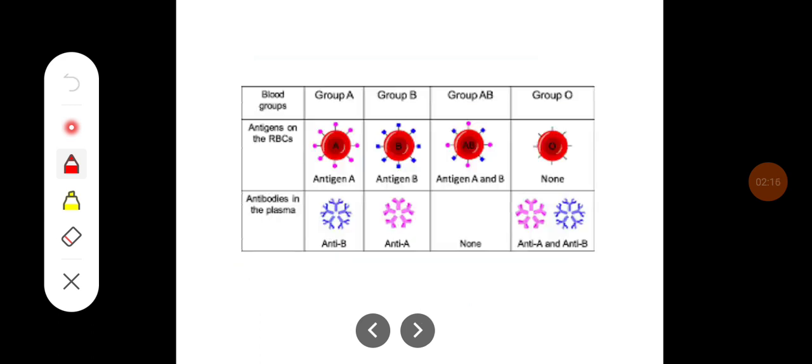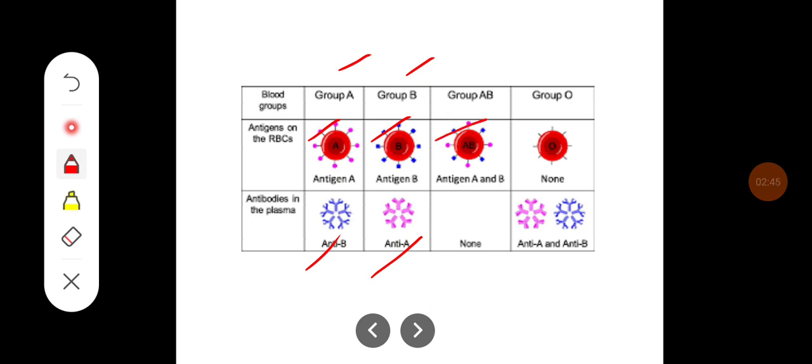So here are the antigens and antibodies of the ABO blood group system. If you see, in blood group A they have antigen A and antibodies against B, whereas in blood group B they have antigen B on their RBC membrane and antibodies against antigen A in the serum.